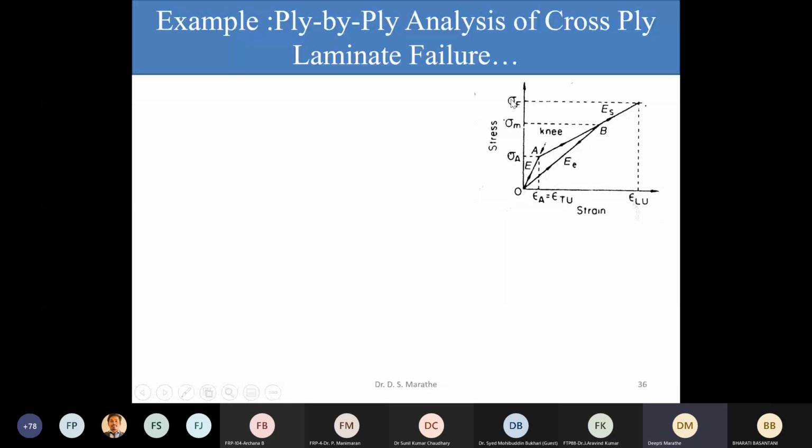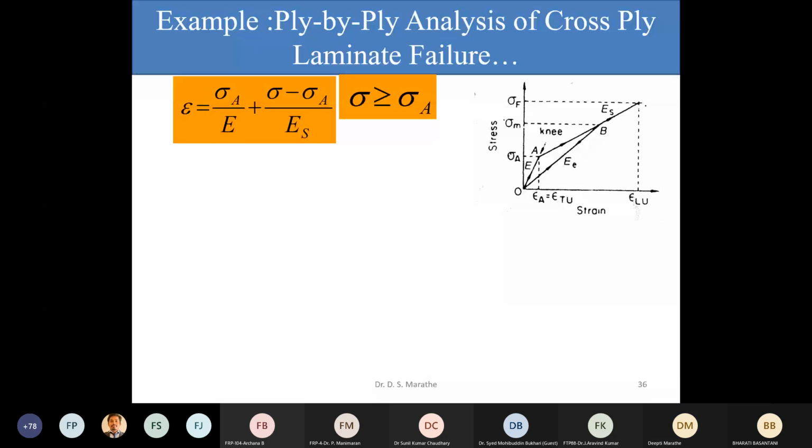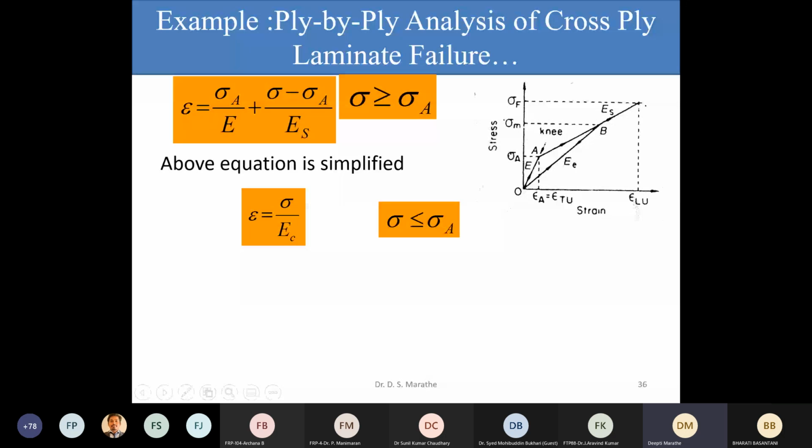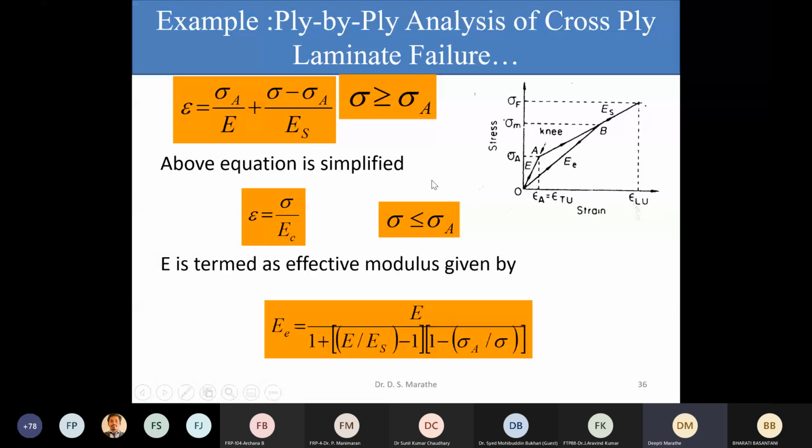So I have explained it to you graphically, and these are the terms which are, as I said, numerically put in here. So now then, EE is going to be the effective modulus, and this effective modulus is naturally going to be the combination of these moduli. So this is the total modulus when all the plies were intact.